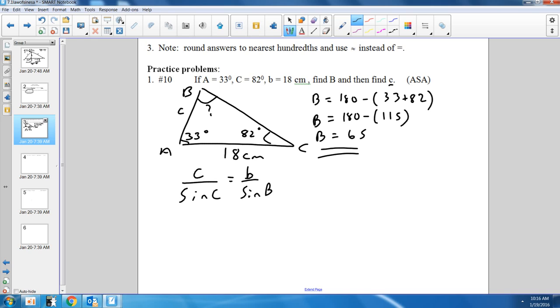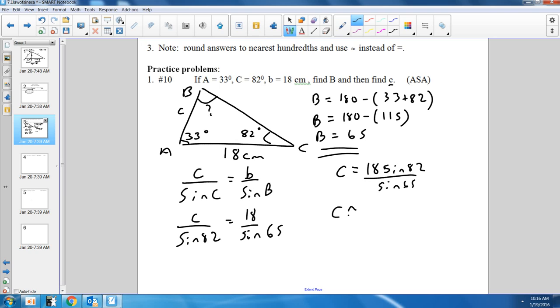So I can now fill in the information: C over sine 82 equals B over sine of 65. Then all I have to do is multiply by this bottom on both sides. So C equals 18 sine 82 over sine 65. I'm doing this all in one shot on my calculator.